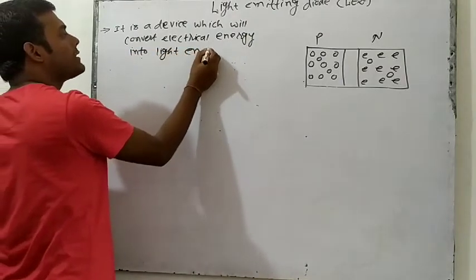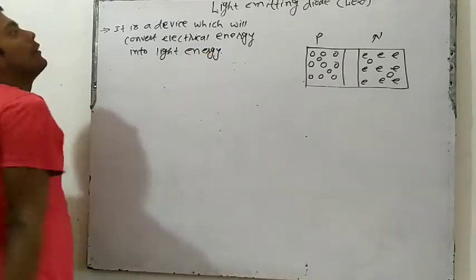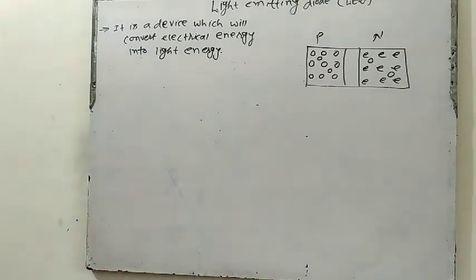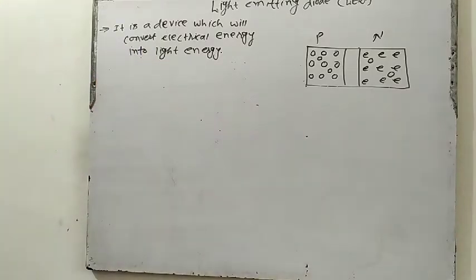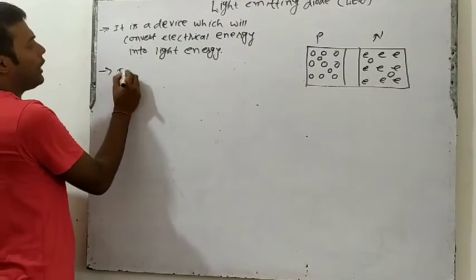So this is the reverse process of photodiode, and we will give electrical energy and we want light energy. How we will connect this? It is connected in forward biased mode.